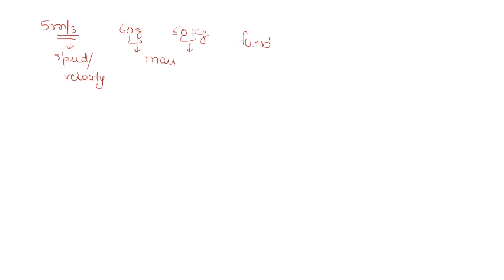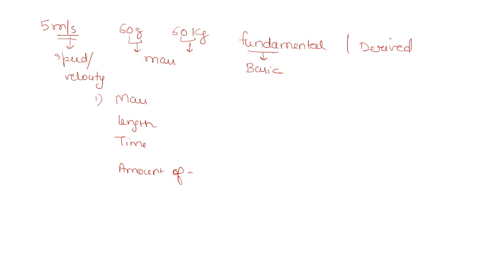Some are fundamental and some are derived. So what do you mean by both of these? Fundamental means basic. These are 7 quantities like mass, length, time, amount of substance, temperature, current, and luminous intensity.